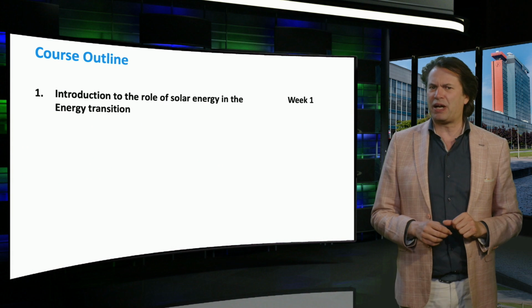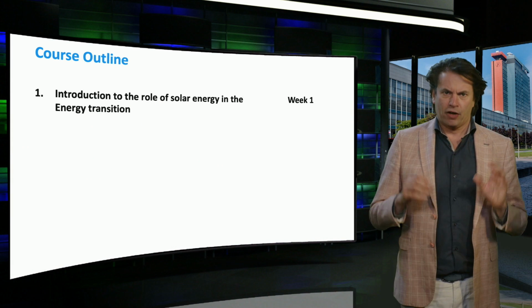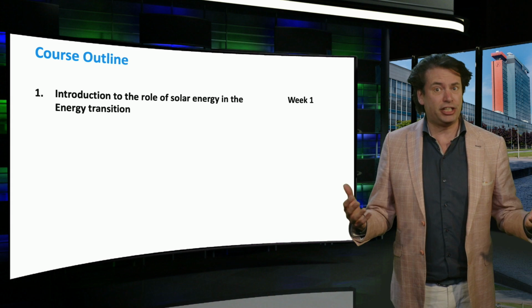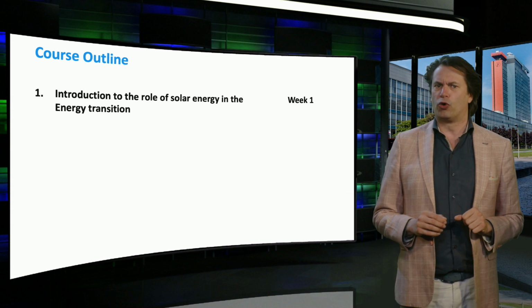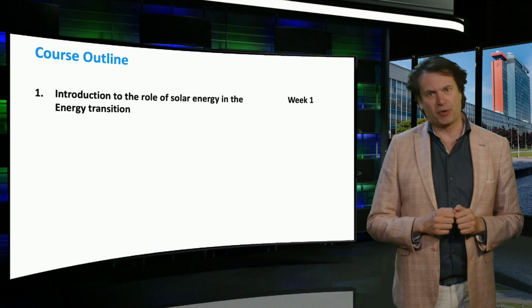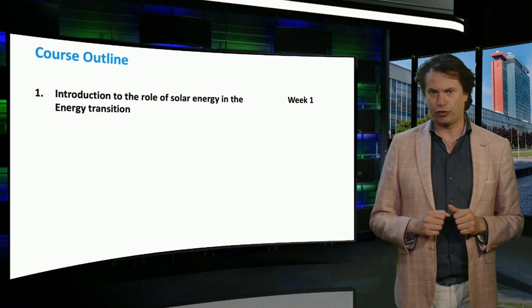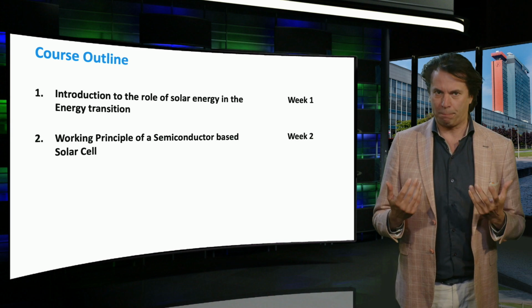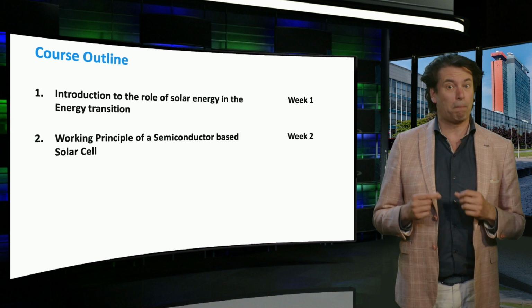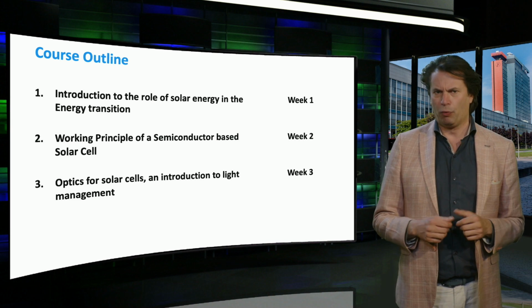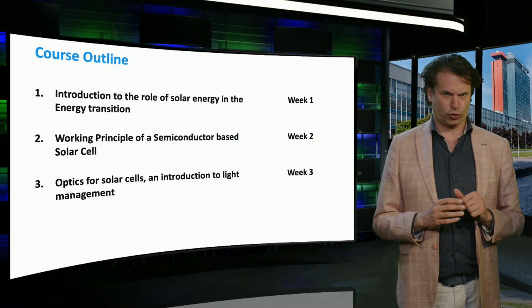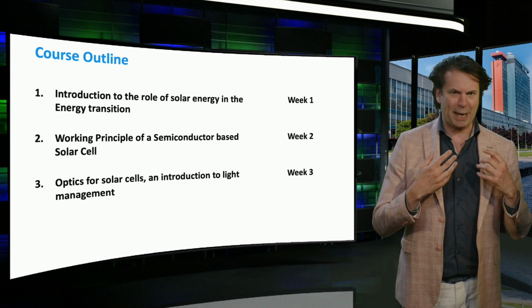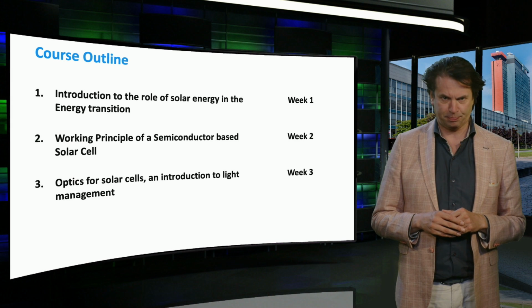This course is split into 4 parts. The first week serves as an introduction to the role of solar energy in the energy transition. In the rest of the course, we focus on the physical principles of photovoltaic energy conversion. In week 2, we look at the working principles of a semiconductor-based solar cell. Week 3 is all about the optics for solar cells, which is an introduction to light management for maximizing light absorption.